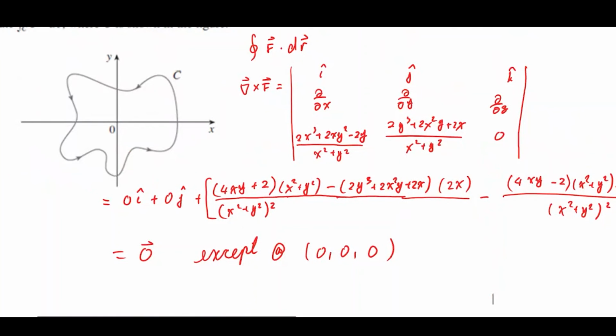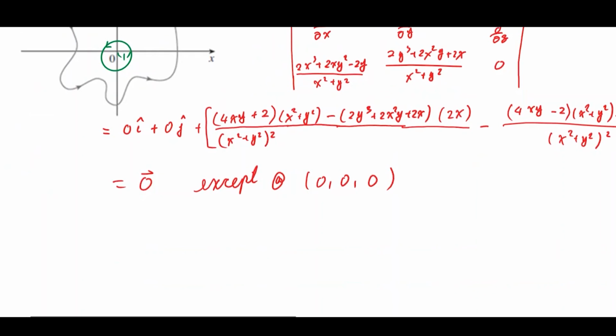So why don't we draw that unit circle here, of radius 1. And then we orient this that way, clockwise, so it's the same orientation. Okay, so here's my reasoning.